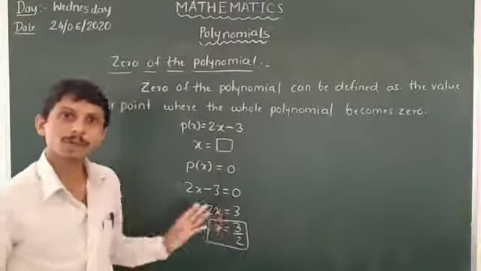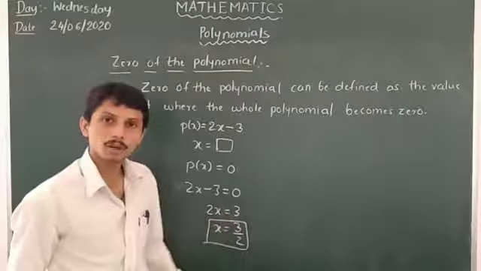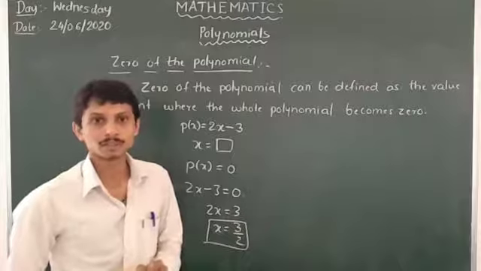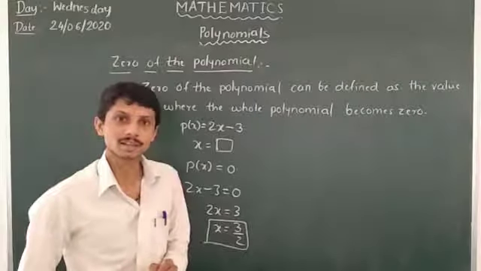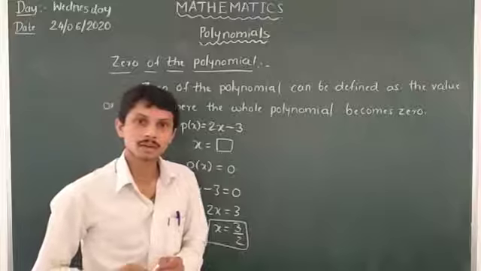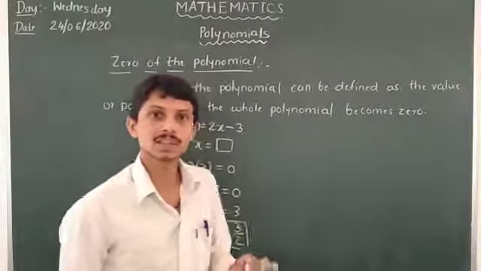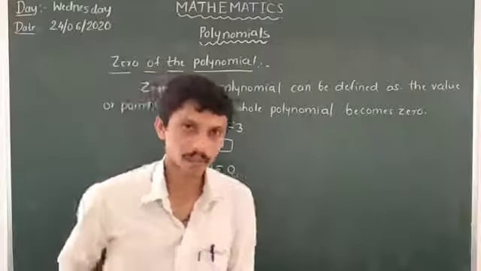That means this value of x is called the zero of the polynomial. I hope you understood that. Let us move on to the next concept, that is geometrical representation of the zero of the polynomial.